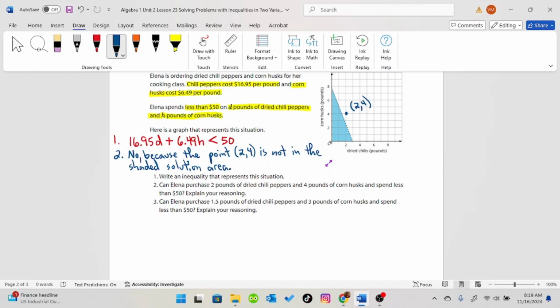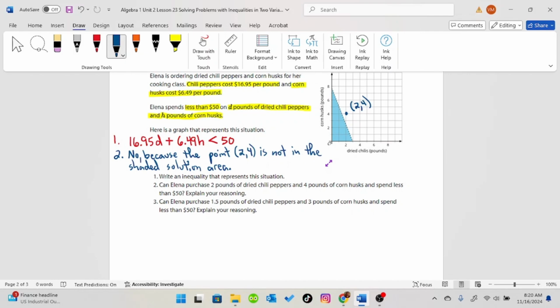When we're looking at this graph, every point in the blue shaded region is a solution. That combination of dried chilies and corn husks will be less than $50.